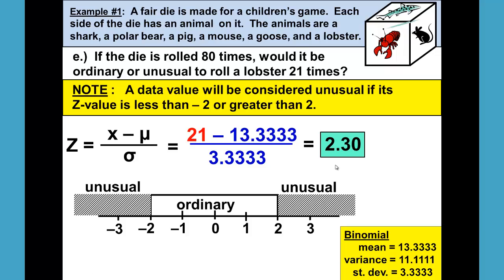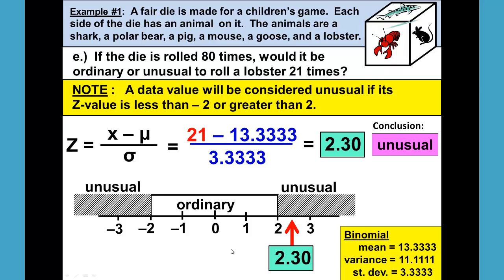That should then give us a z-score of 2.30. Where does that fall on our number line? Well, that is greater than the 2 standard deviations. It is more than 2 standard deviations above the mean. Therefore, it is unusual. It falls in the unusual range. Conclusion, it's unusual.